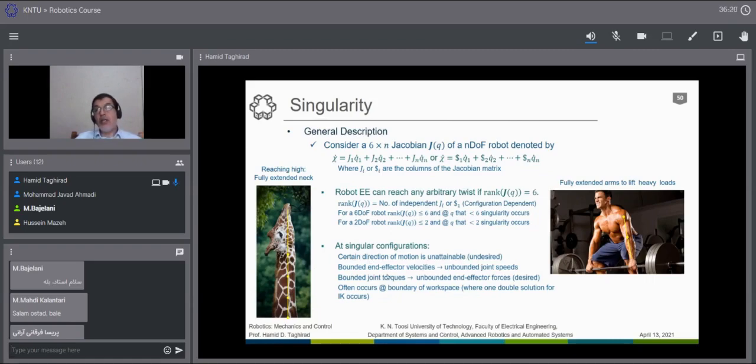But if we consider it the other way around, you remember that the Jacobian was also a map between the forces and the wrench, as we discussed last session. And the Jacobian transpose was the inverse map from the task space wrench to the joint space torques.